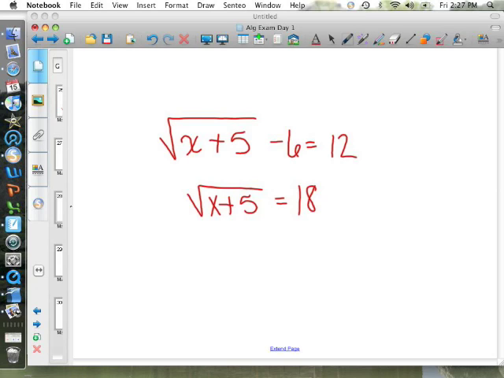Otherwise, we're going to have to square the radical minus 6 times the radical minus 6 and do FOIL with that, which is just crazy. Now, to get rid of the radical, we square both sides. That's a big number. Then you subtract 5.